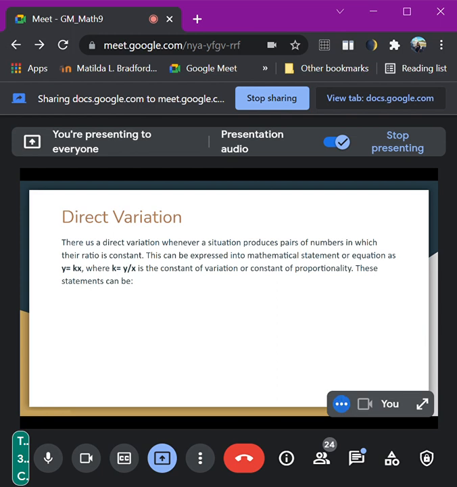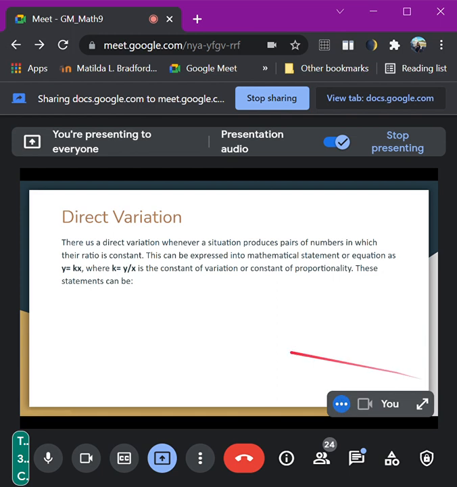Now, this can be expressed as a mathematical statement or equation as y = kx, where k = y/x. So, your k there is your constant. K is the constant of variation or constant of proportionality.